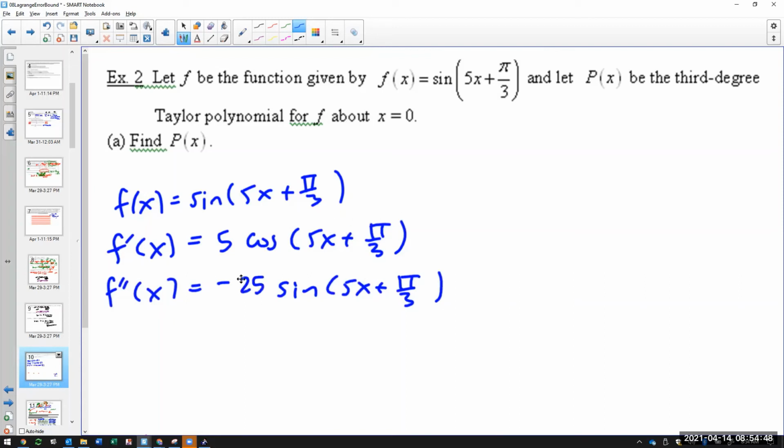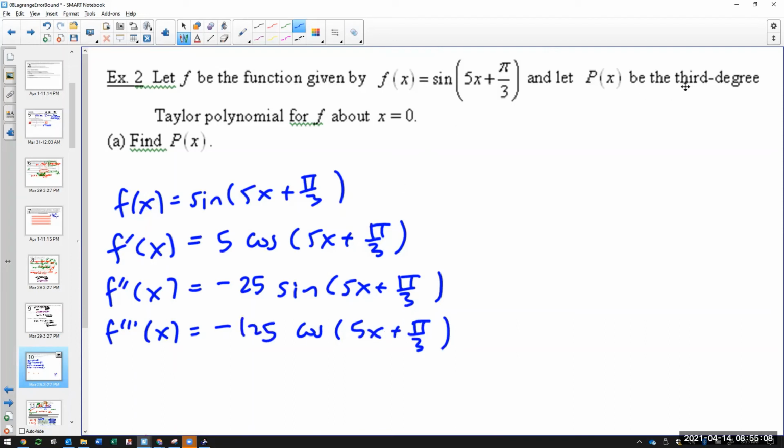Do you see this turns to 25? Then the third derivative: again, the derivative of sine is cosine, so the negative just carries down. This is cosine of u times the derivative of u, that's 5. So this will be 125.